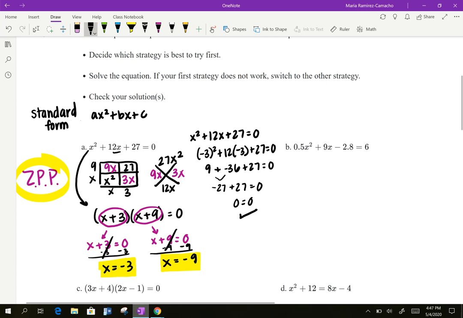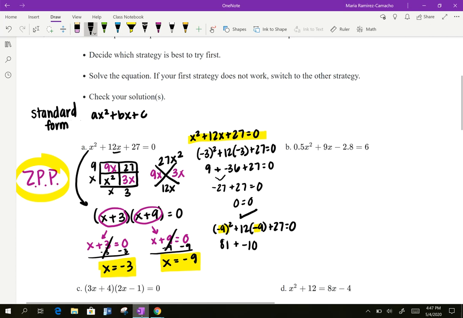Okay, let's plug in -9 now for x. So again, I'm taking my original equation and plugging in -9 where x goes, just to check that this works. -9 squared is positive 81. 12 times -9 is something I have to calculate.